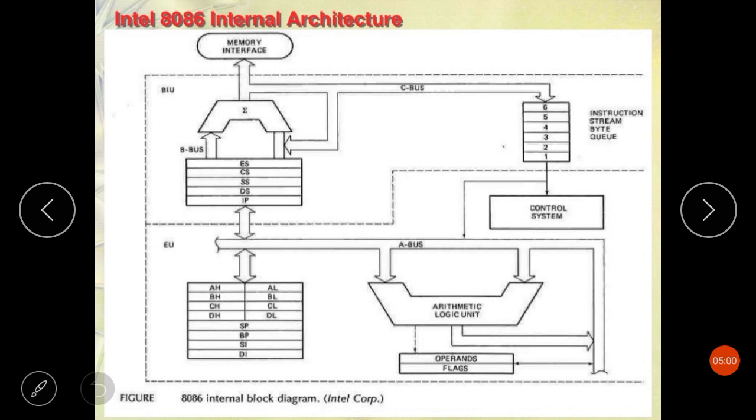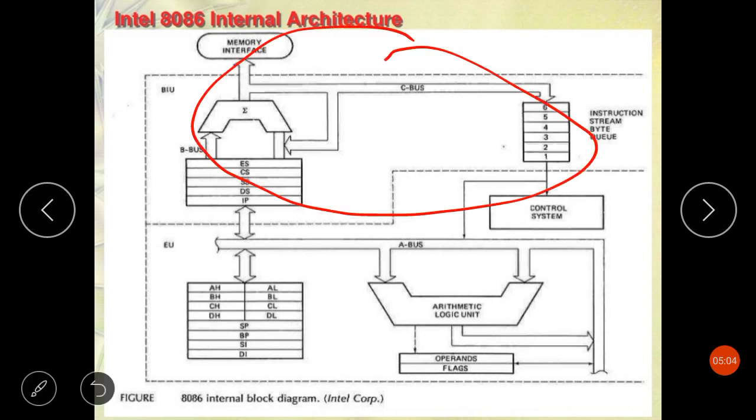These are the bus interface unit and the execution unit. These two functional units can work simultaneously to increase system speed and hence the throughput. What is throughput? Throughput is a measure of the number of instructions executed per unit time.